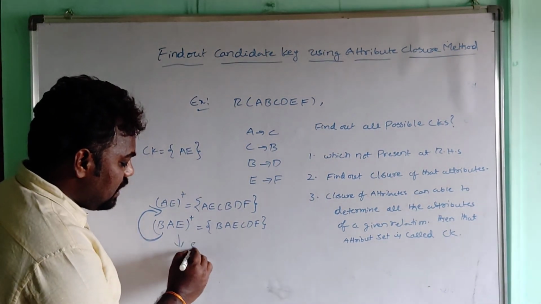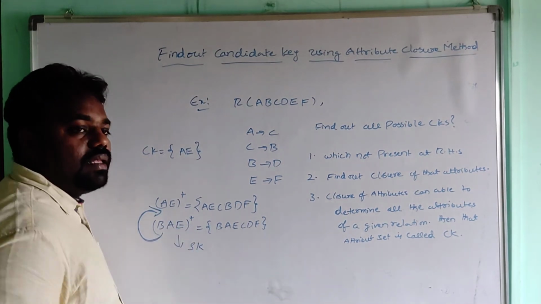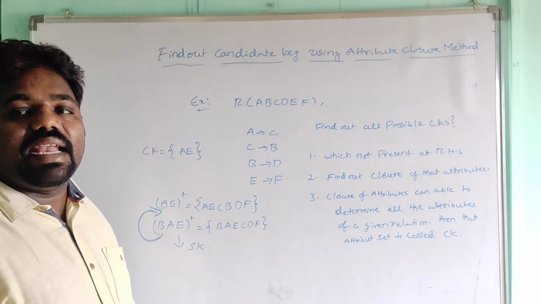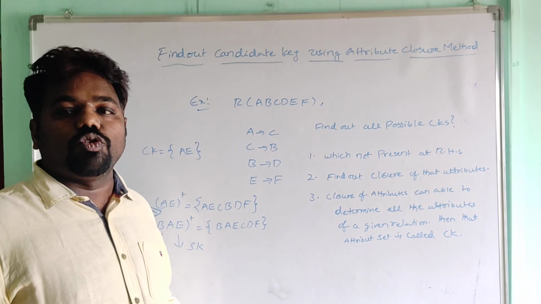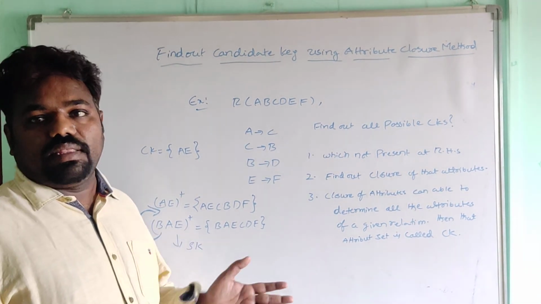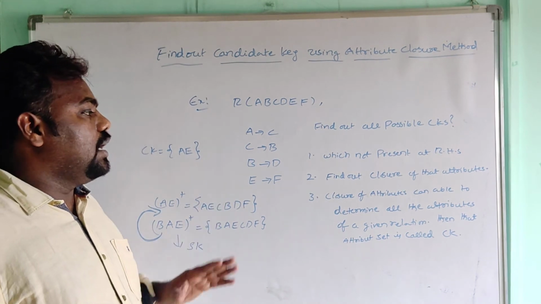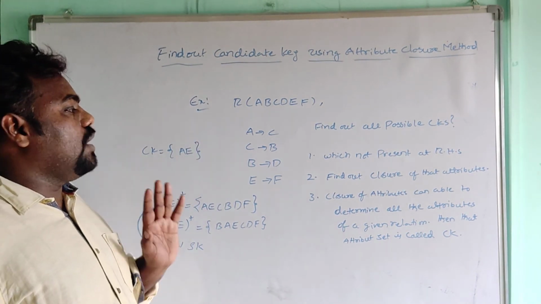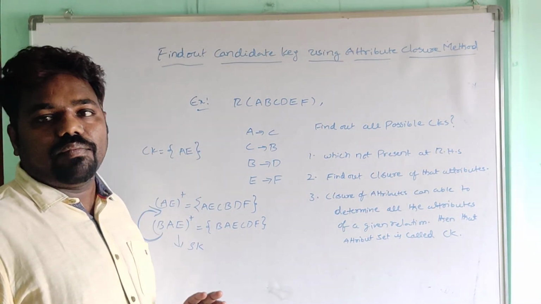This is a super key. Why? Because the candidate key is always a minimal super key which cannot be reduced further. The candidate key for this table is AE.